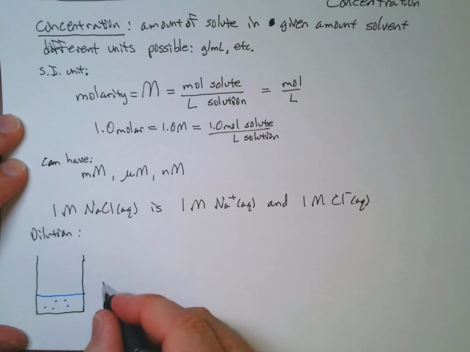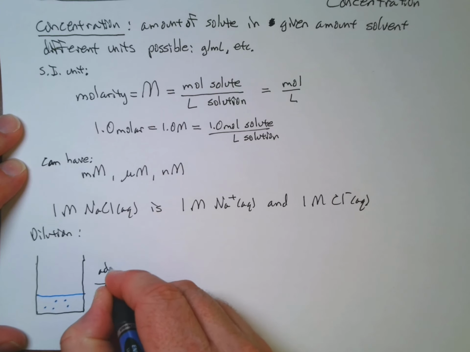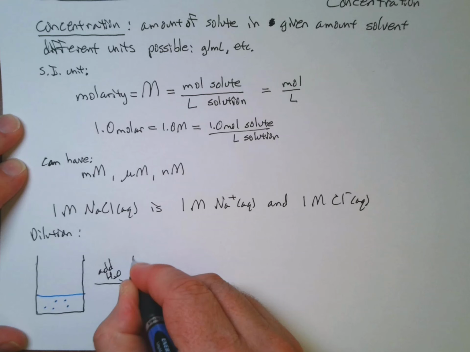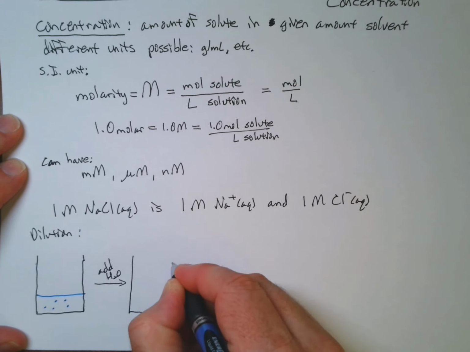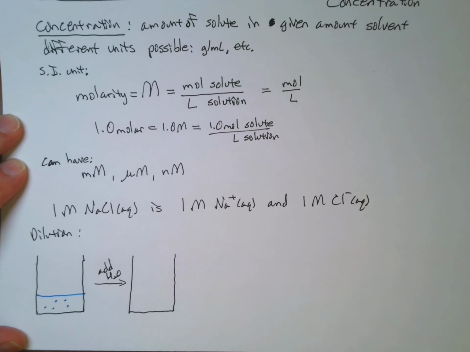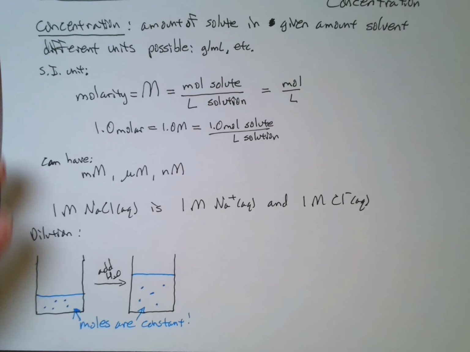And then we dilute. So we'll add H2O. And now we have a new volume, but the important thing is we still only have 5 moles. So our moles are constant.